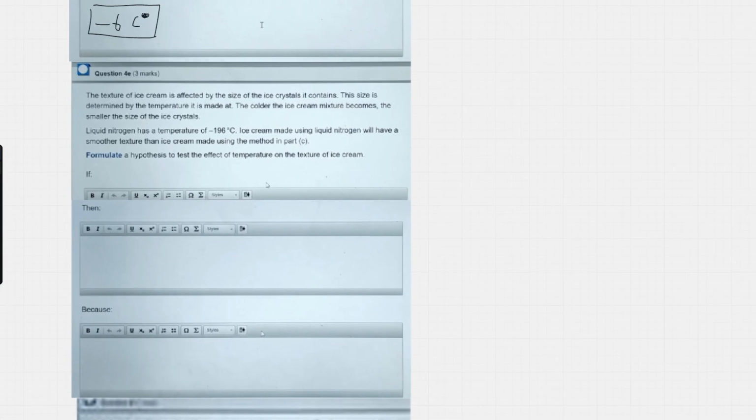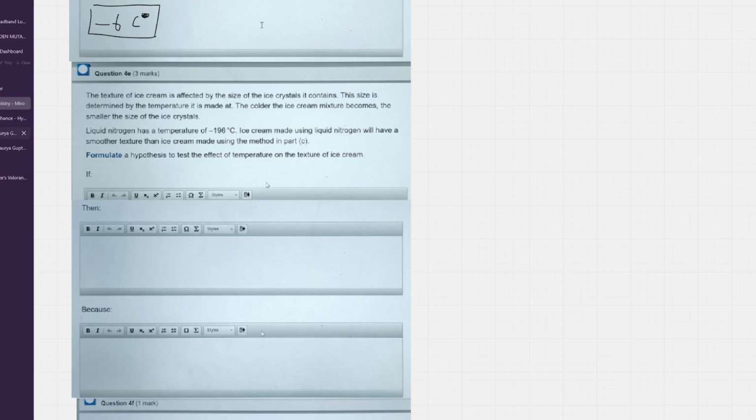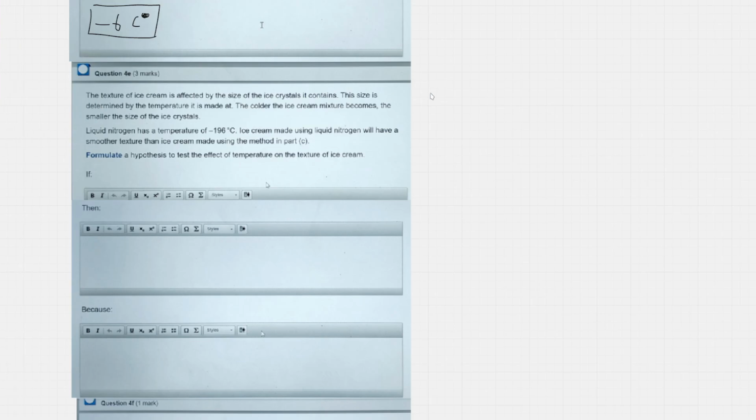So now you have to formulate a hypothesis. First, read this information. Okay.